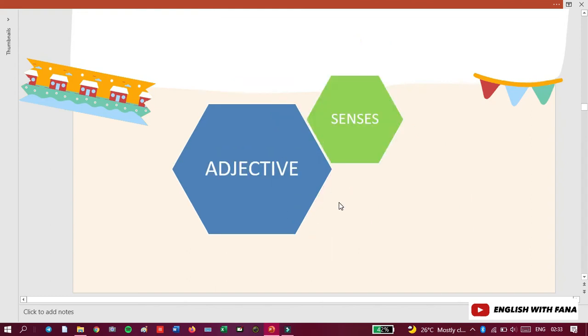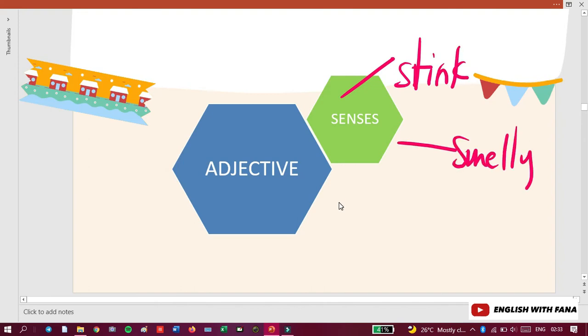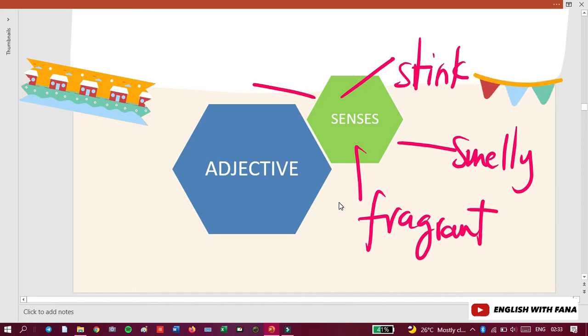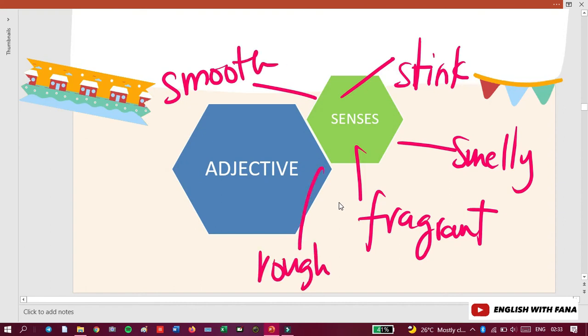Senses are something that we can feel. For example, the things that we can smell. So stink, or smelly, fragrant, wangi, or smooth, rough. These are some of the words for senses.